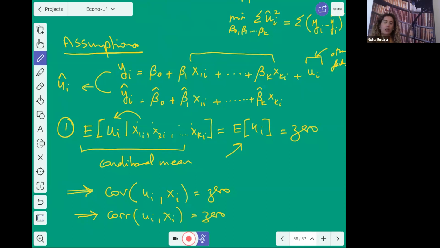Okay? So when you look at this slide, you might be like, okay, I don't understand anything. But the idea is very simple.